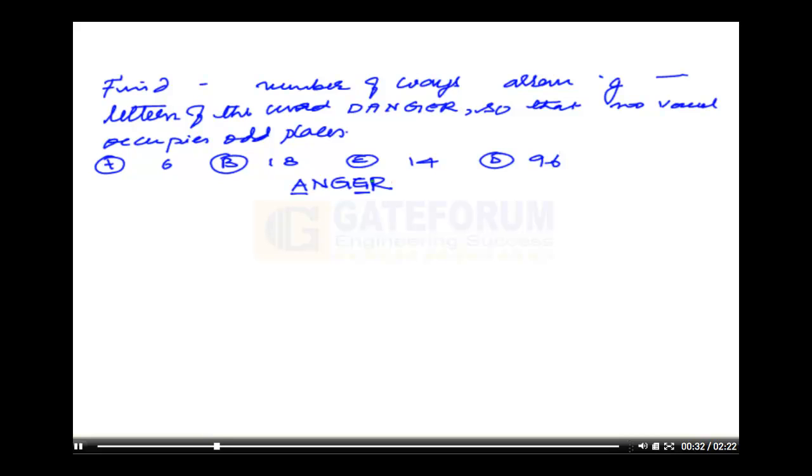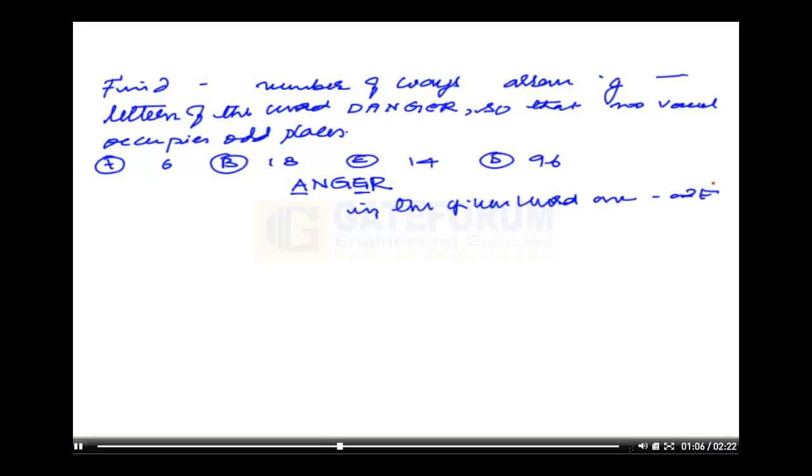Therefore, it contains 3 odd places and 3 even places. The vowels in the given word are A and E. Therefore, these 2 letters can occupy any of the 3 even places.